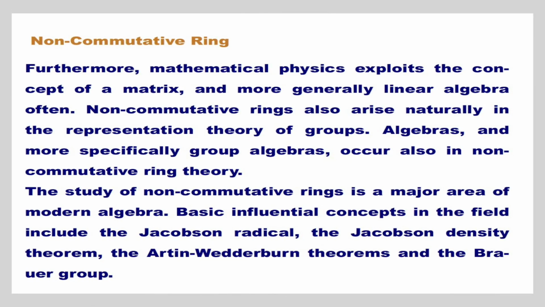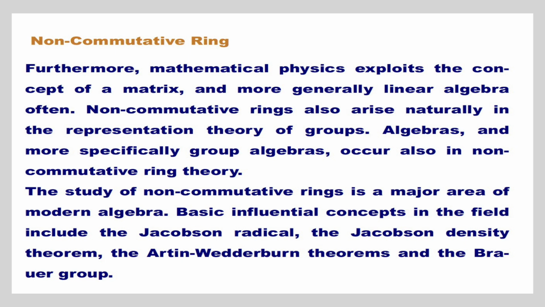Furthermore, mathematical physics exploits the concept of a matrix, and more generally linear algebra, often. Non-commutative rings also arise naturally in the representation theory of groups. Algebras, and more specifically group algebras, occur also in non-commutative ring theory.